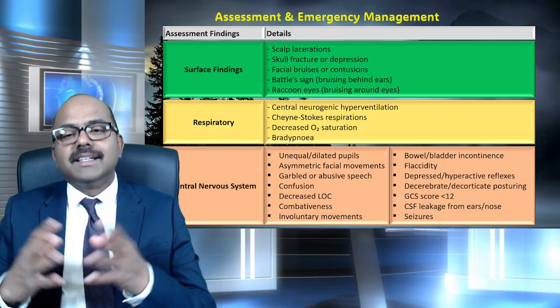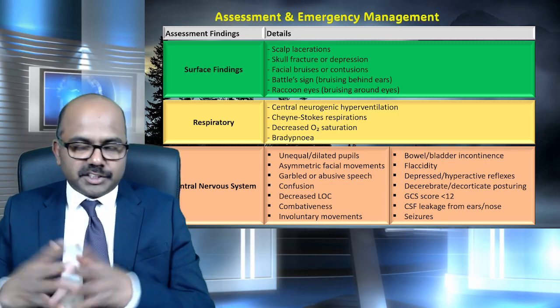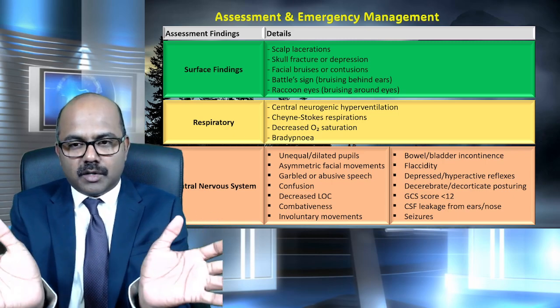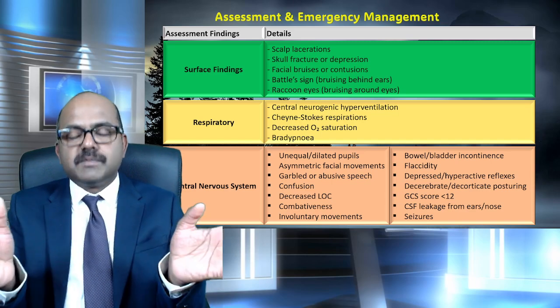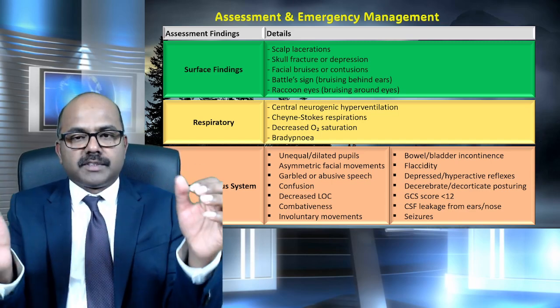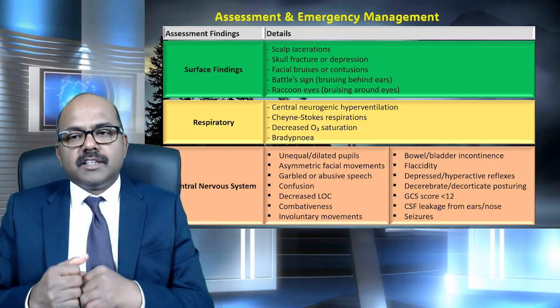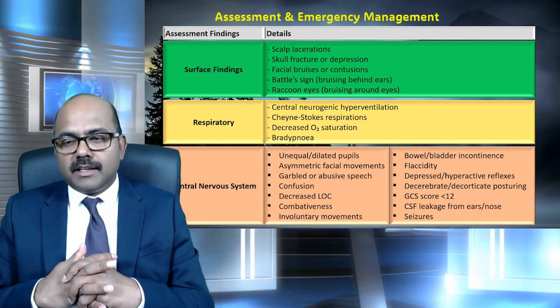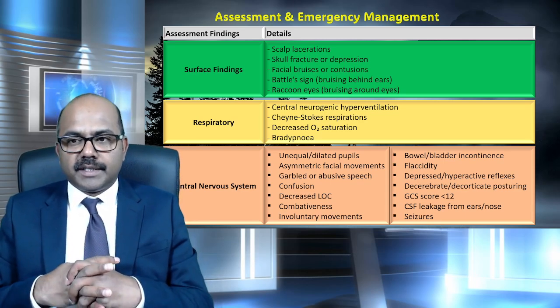In decerebrate posturing, all the limbs will be extended, and in decorticate posturing, just the opposite, the limbs will be flexed. Decerebrate posturing is the worst thing that you can have. So always look for decerebration and decortication.